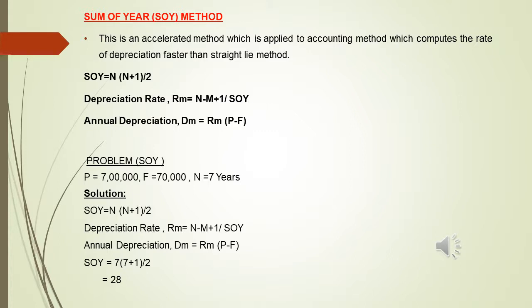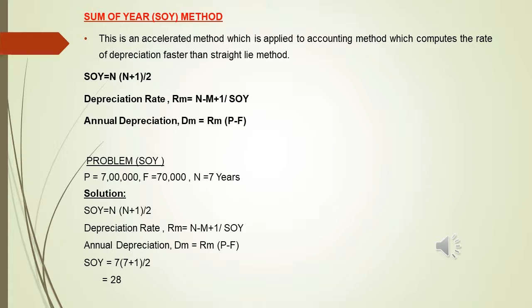Next is the depreciation rate, that is RM, equal to n minus m plus 1 whole divided by SOY. We know what SOY is, that is n into n plus 1 by 2, that you divide the numerator by, and that will give you the depreciation rate.